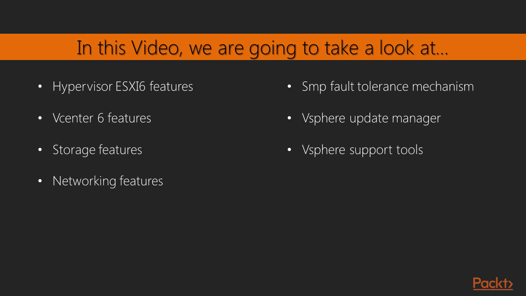Now, before we jump into each one of these topics, I just want to say that it is really important to get the most recent information about any one of these features. It's imperative that you go to the VMware support documentation. In this course, I am going to just give you a very brief overview. I'm not going to go into the details of many of these things.